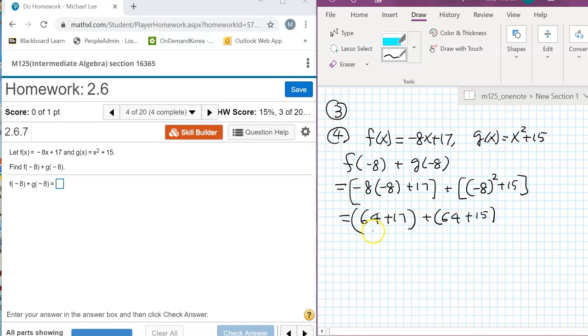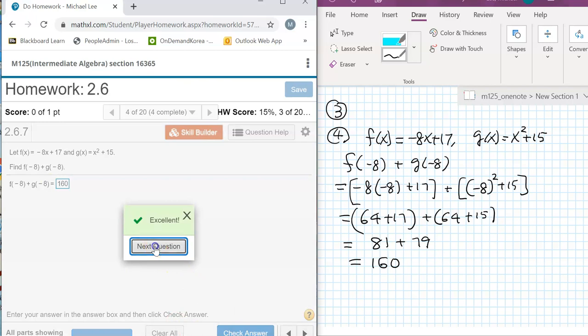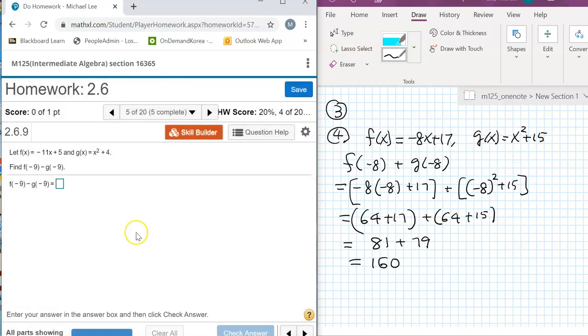So this is 81 plus 79. It is 160. Okay, so enter that 160, and then check the answer. Okay, and go to the next one.